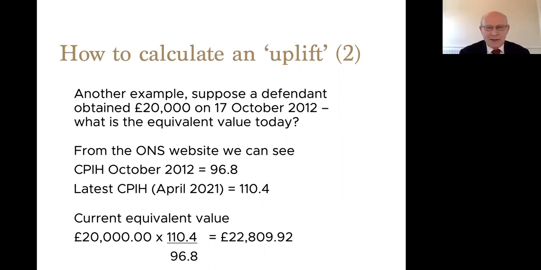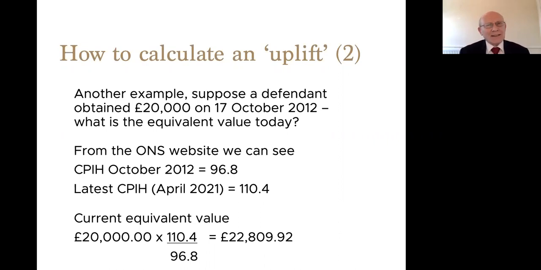Again, fairly straightforward, and logically, we mentioned, didn't we, that since 2015, there'd been about 10% increase in prices. We're going back here to 2012, so we would expect a bit more than 10% increase in our £20,000. And indeed, that's what we see. The £20,000 is now restated as £22,809 and some pence.